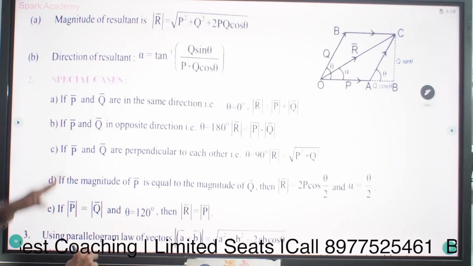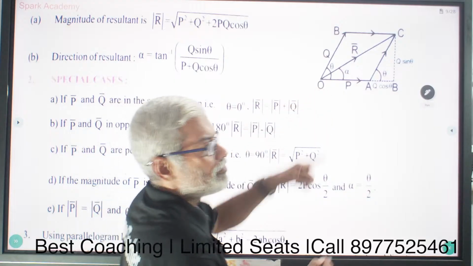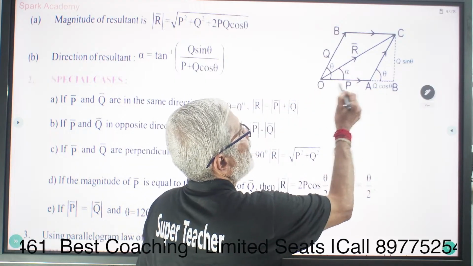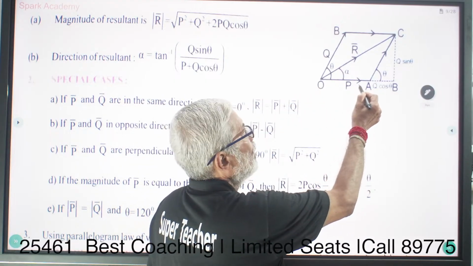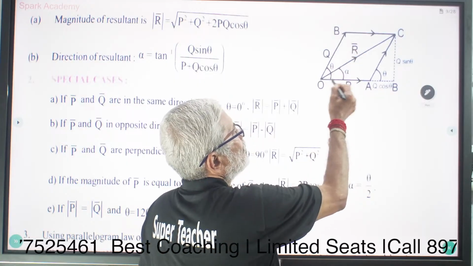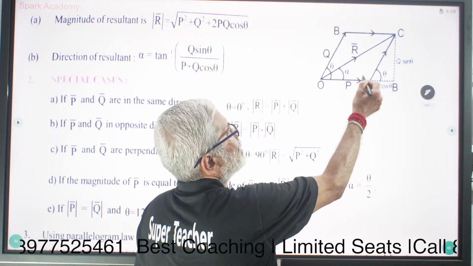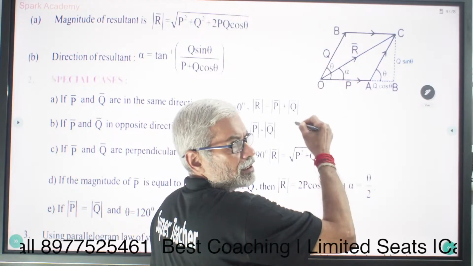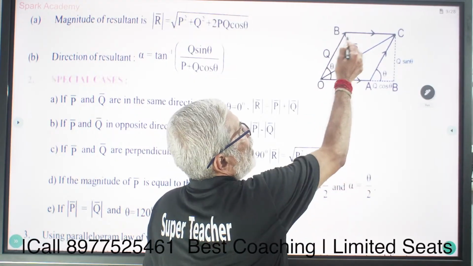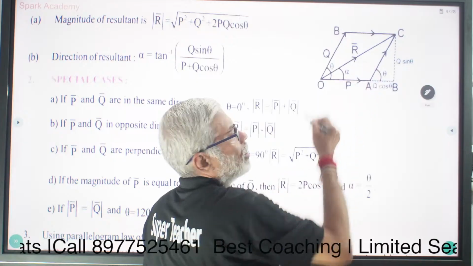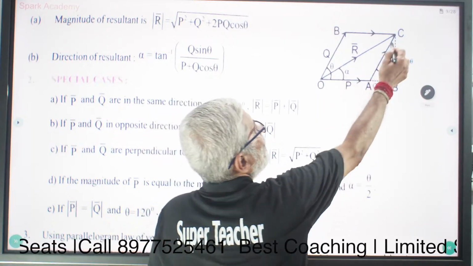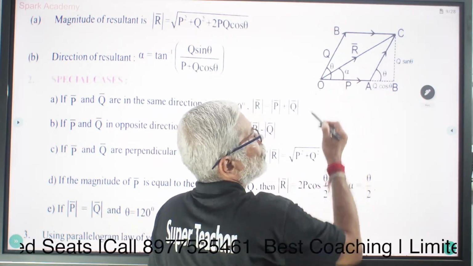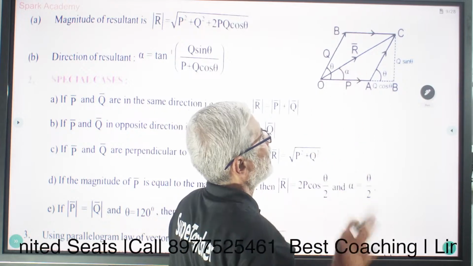The meaning is this. Suppose one vector is p, and the direction of q is this, and then you complete the diagram into a parallelogram. Then the resultant, which passes through the origin, is the resultant.